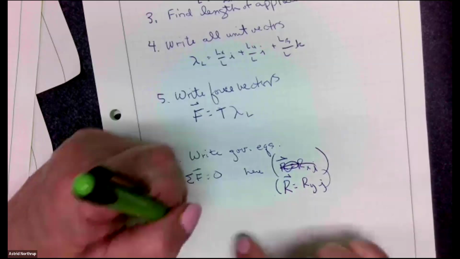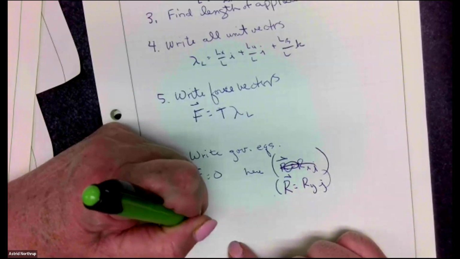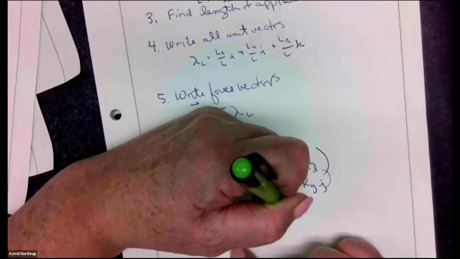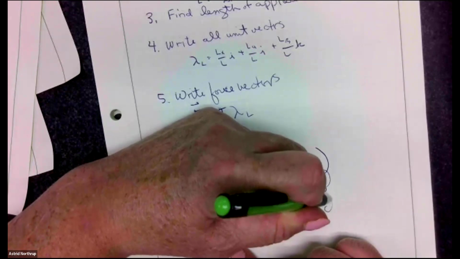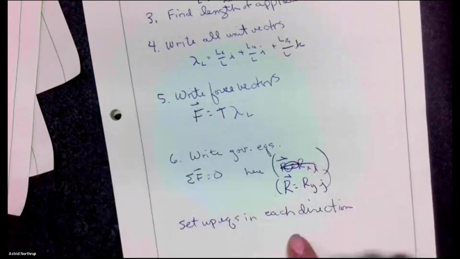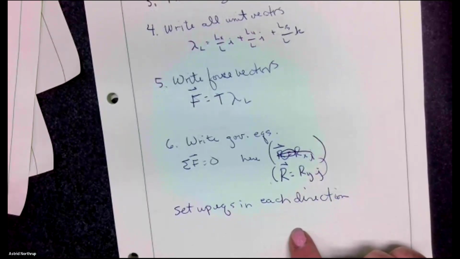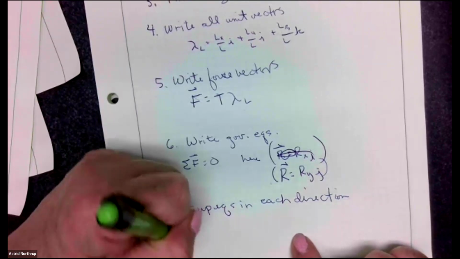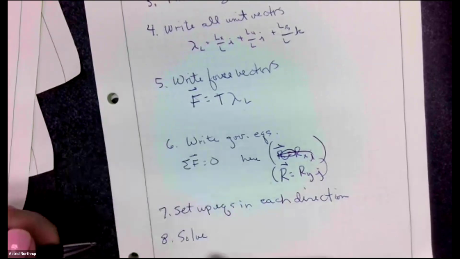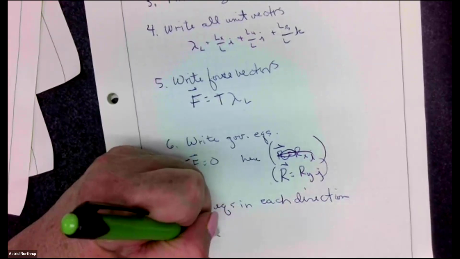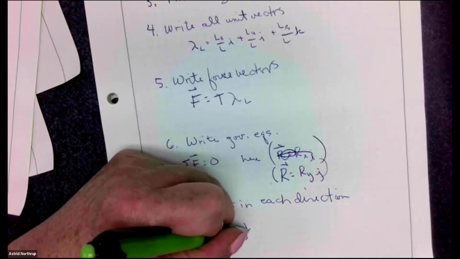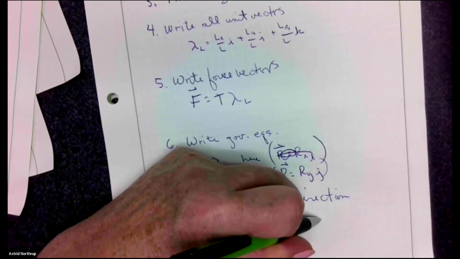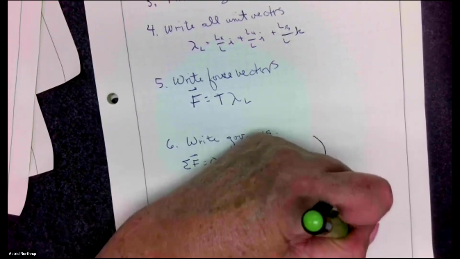Okay. Then set up the equations in each direction. And I would add, without looking for a shortcut, after you set them up, solve if you have one equation in one unknown, but the solution may be simultaneous equations.